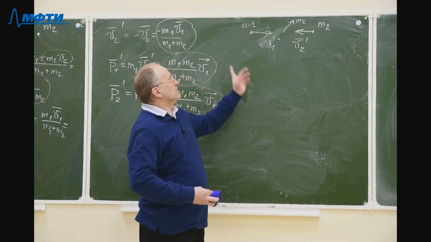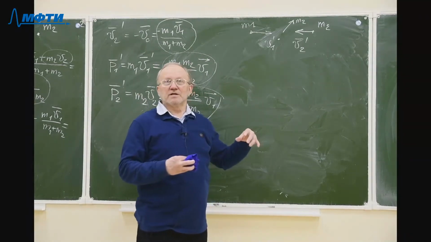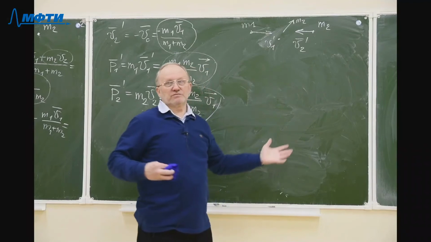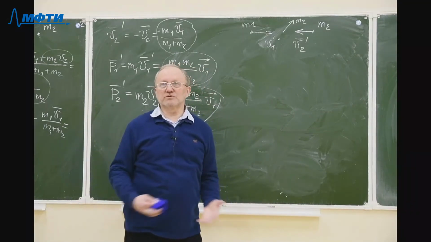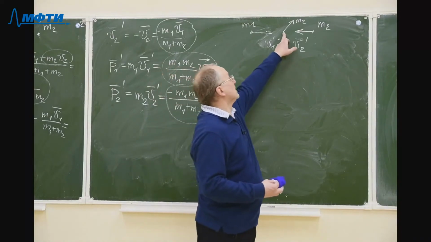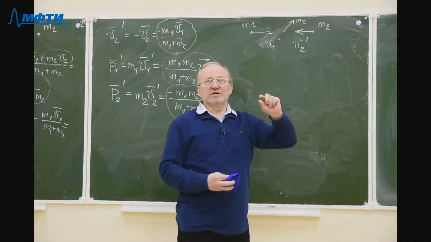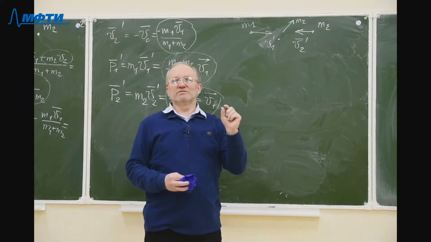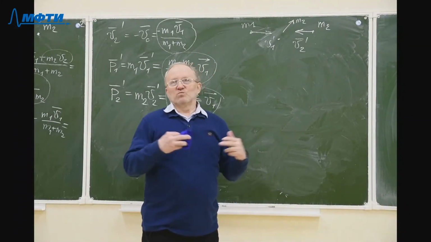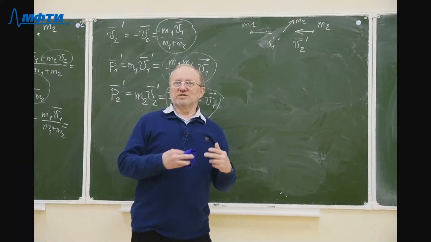At least, even if there are some external forces, even if this happens in the gravity field of the Earth in our laboratory, there are gravity forces, external forces. But the collision takes such a small interval of time that during it, the external forces will have no time to do anything visible.